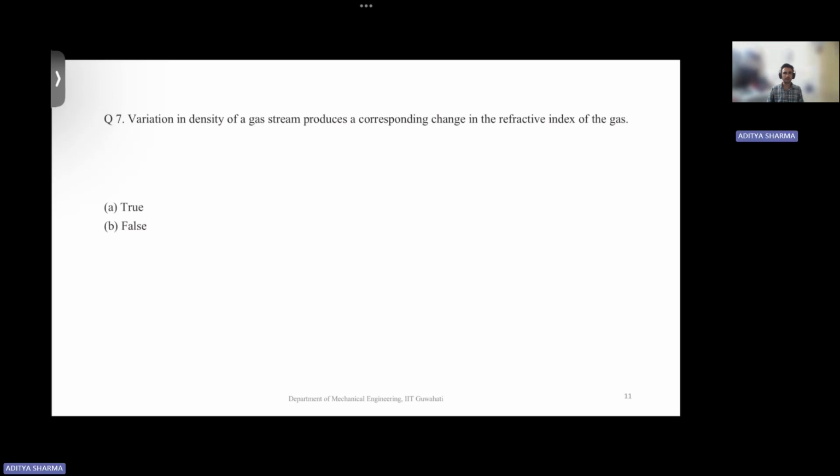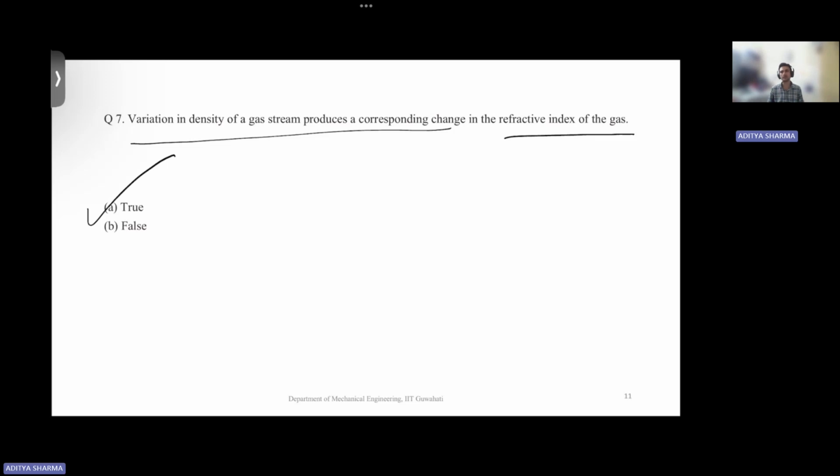So the question says that variation in density of gas stream produces a corresponding change in the refractive index of the gas. So this is a true statement.